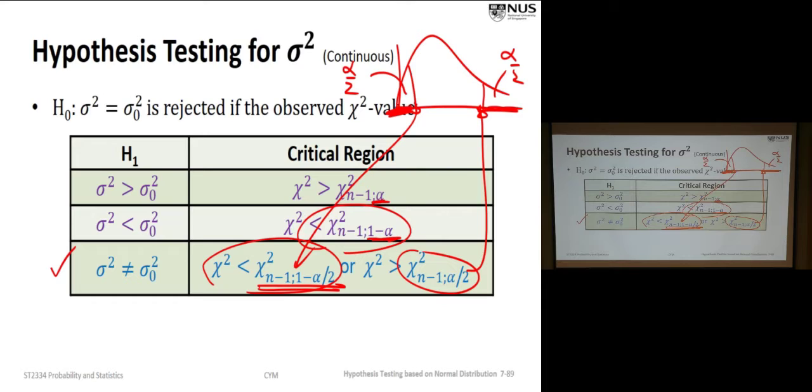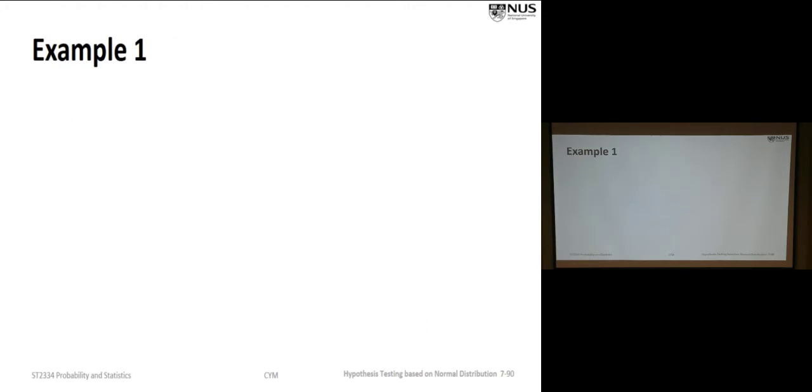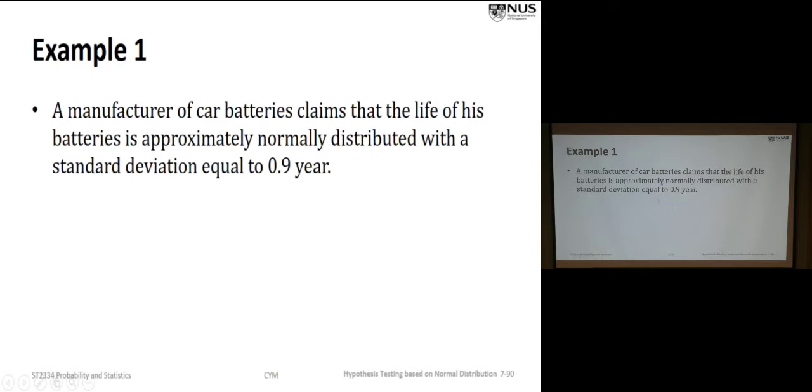For one-sided, it's similar. Now let's look at an example. This is sigma naught squared. The claim is that the life of his battery is approximately normal with this. This is his claim, right?